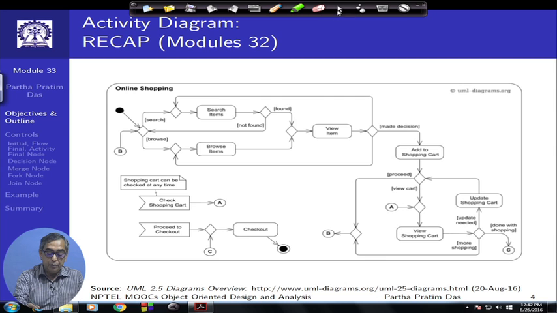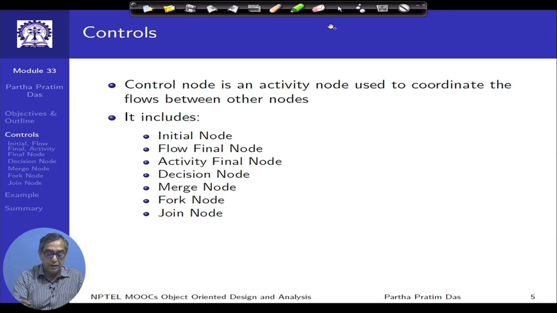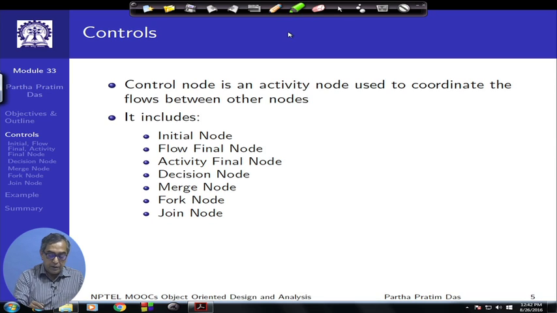Before you go through this module, I will request that you revise the online shopping exercise that we have discussed at length. Now, in terms of control, while activity diagrams certainly have activity nodes and some other nodes, significantly they have a whole lot of control nodes.